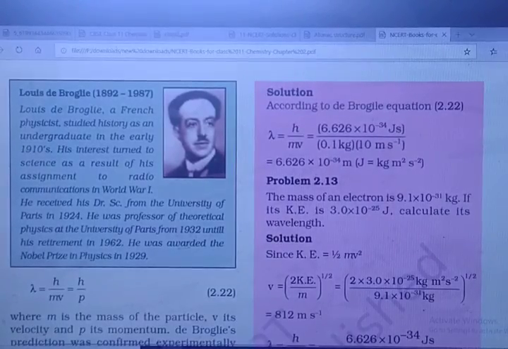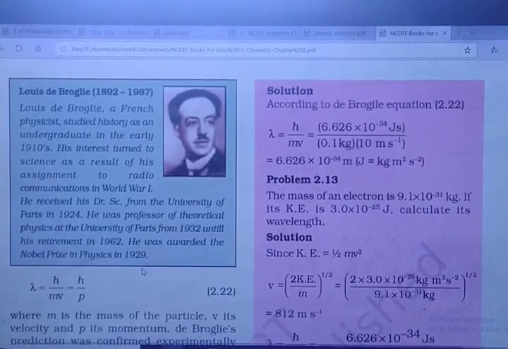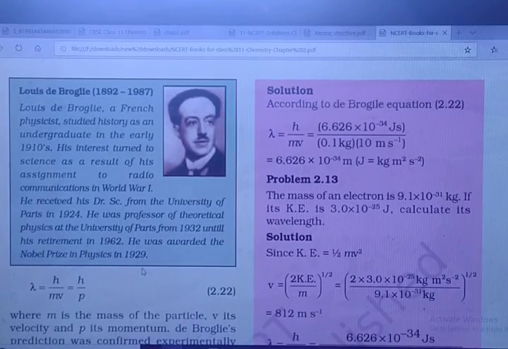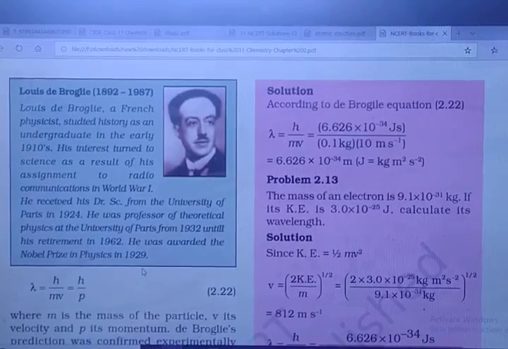He was a professor of theoretical physics at the University of Paris from 1932 until his retirement in 1962. He was awarded the Nobel Prize in Physics in 1929. You can just see his basic background: a person who graduated in history, after getting interested in science, took his doctorate, PhD, everything in physics.